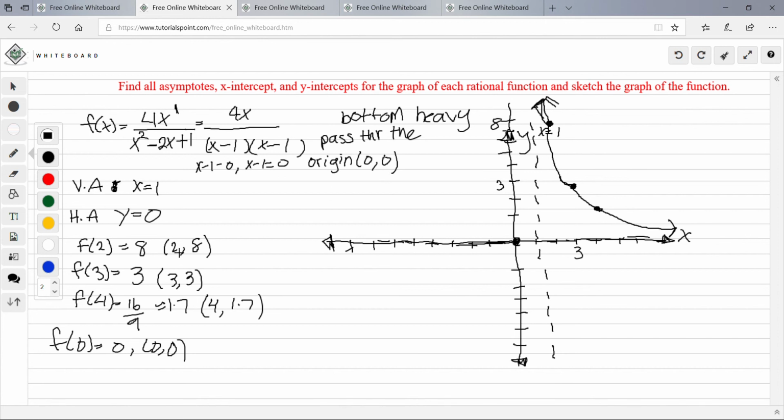Okay, let's try -1. Put that into the function, you should get -1. So you're going to get -1, -1. Here's -1, -1. Let's try another one. That's still not enough to tell me how it's going to look. So I'm going to do f of -2.